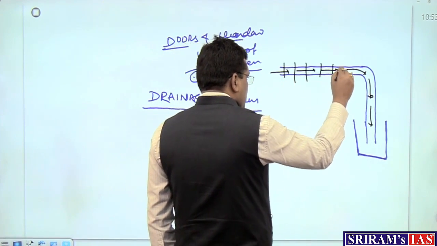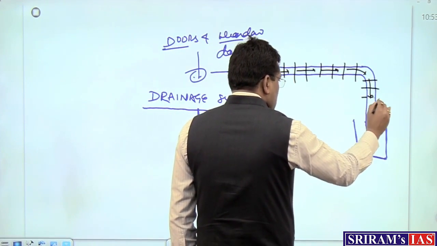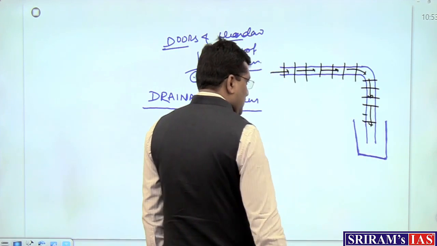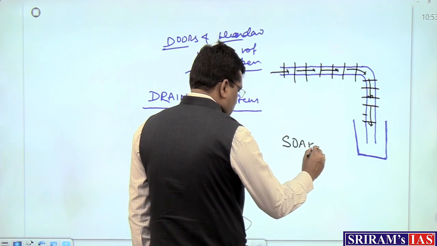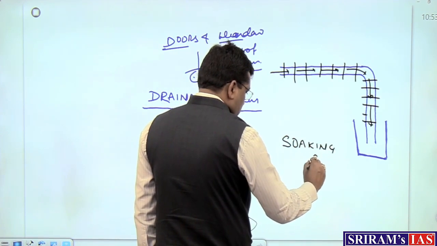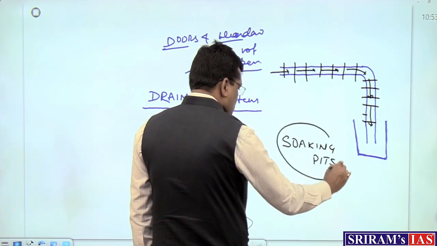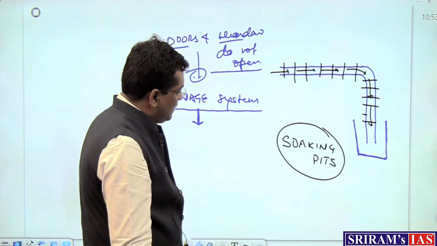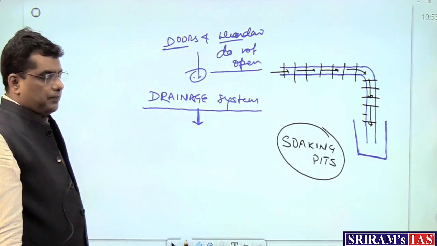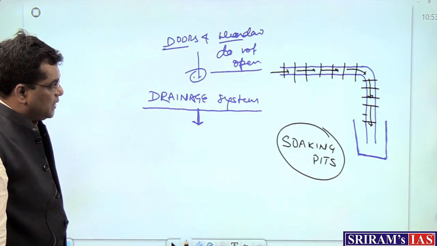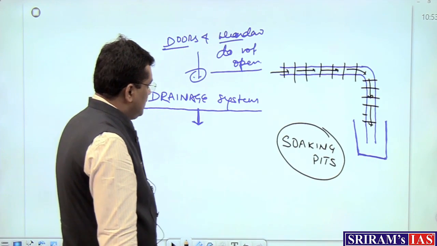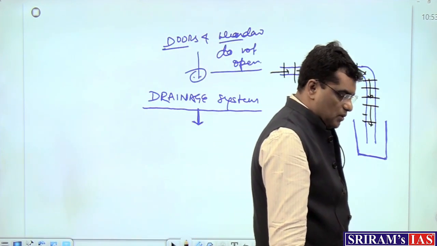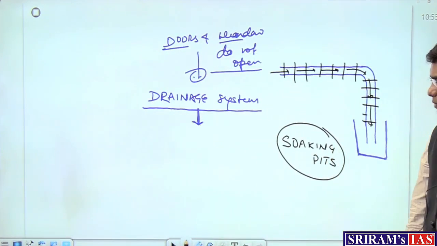So a slab was put on the drains and it was connected with soaking pits. So they had a very developed, excellent civic sense. Drains were connected with soaking pits and covered with slabs.